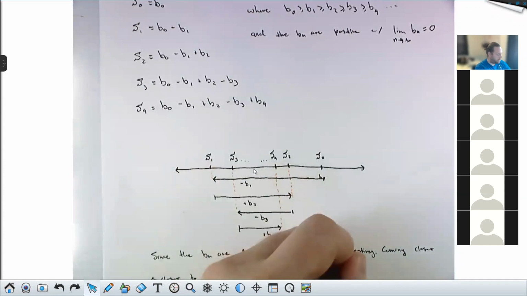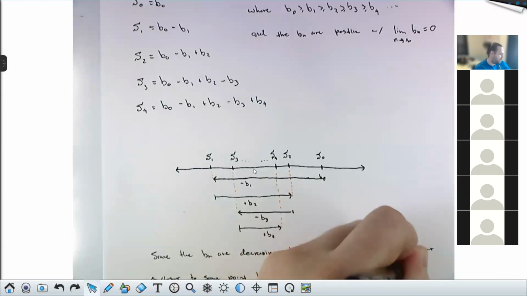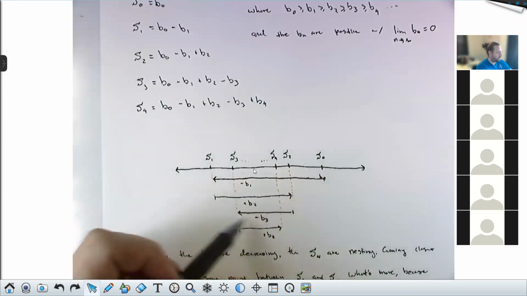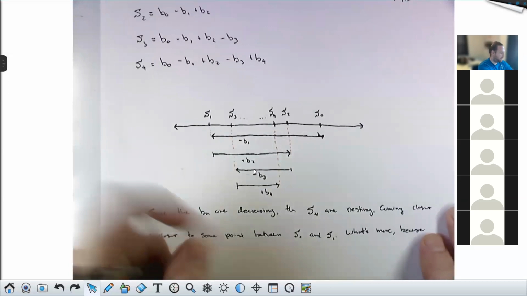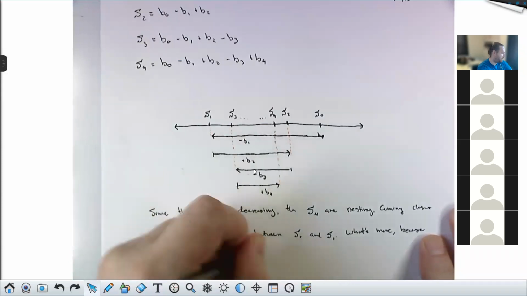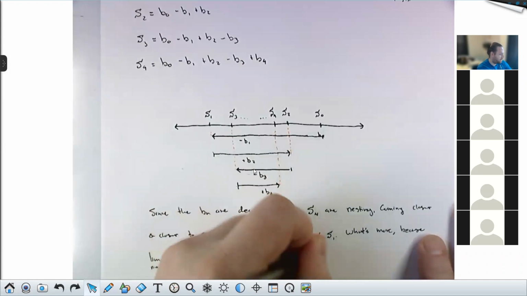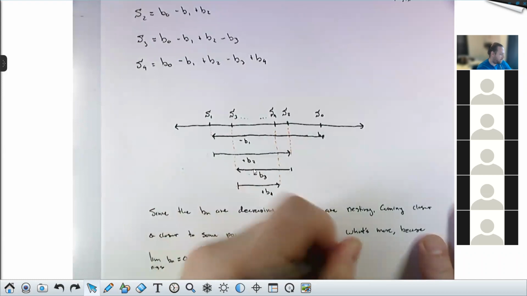And what's more, because the limit as n goes to infinity of the BNs is 0, these arrows are going to get shorter and shorter, approaching 0 in length as capital N goes to infinity.